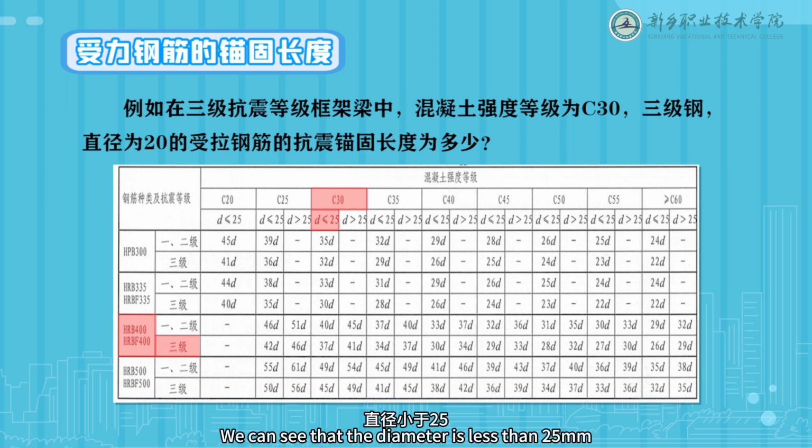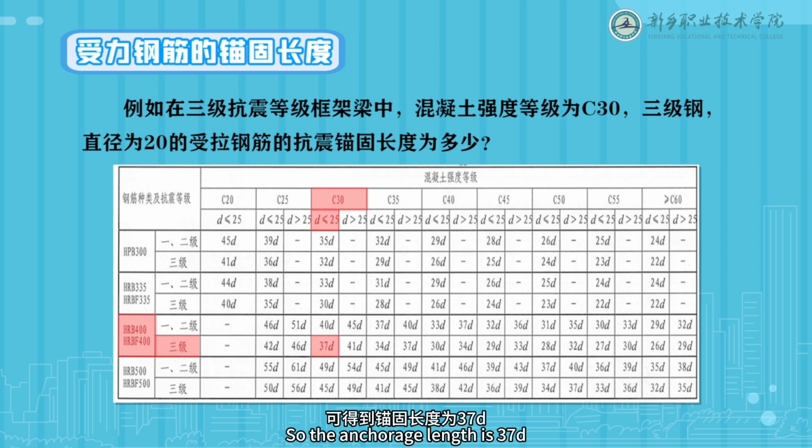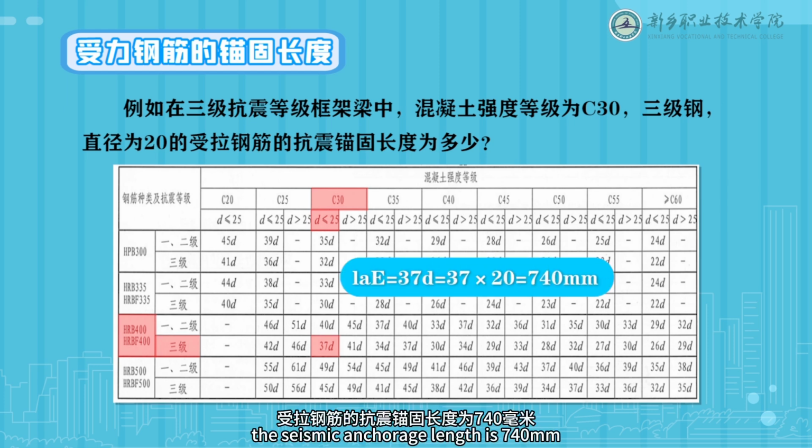We can see that the diameter is less than 25 mm. So the anchorage length is 37d, where d is the rebar diameter. Therefore, for this frame beam, the seismic anchorage length is 740 mm.